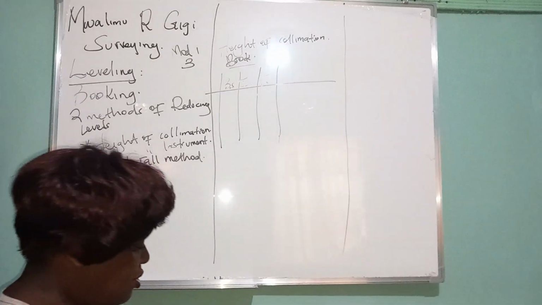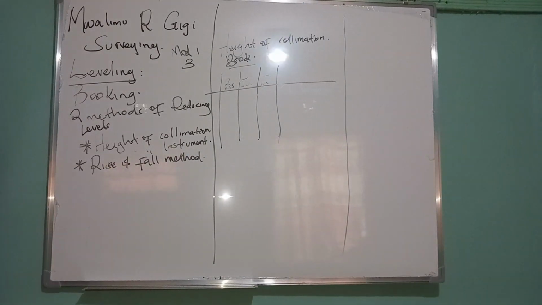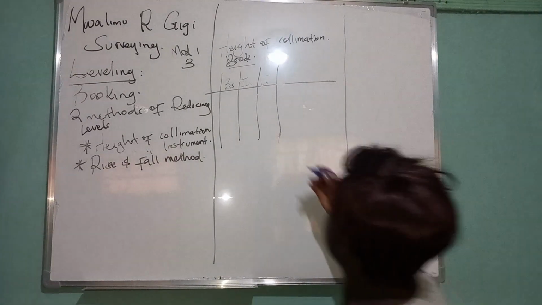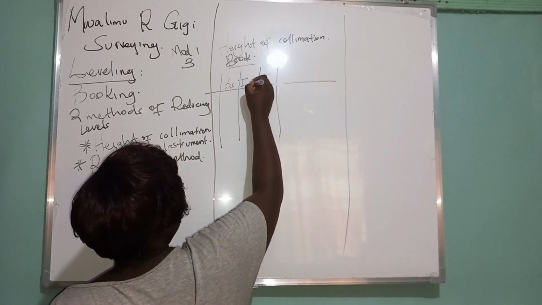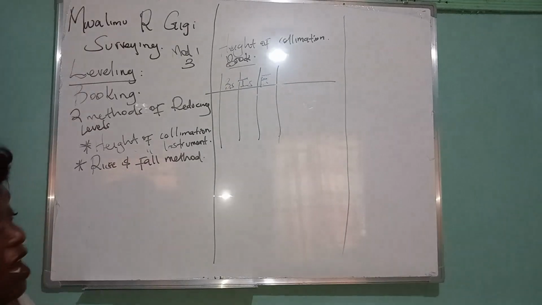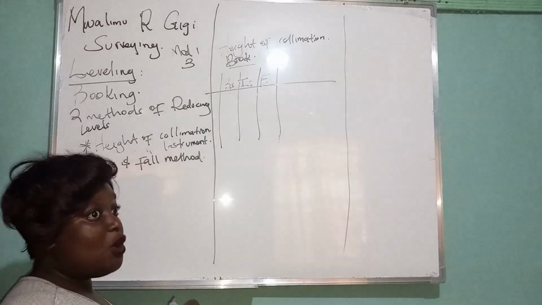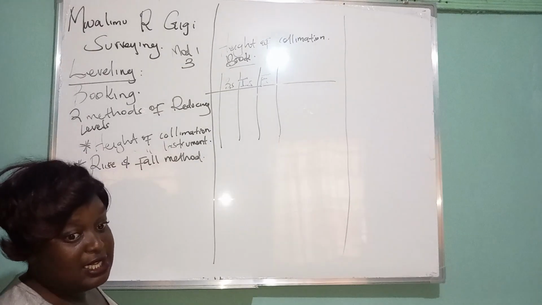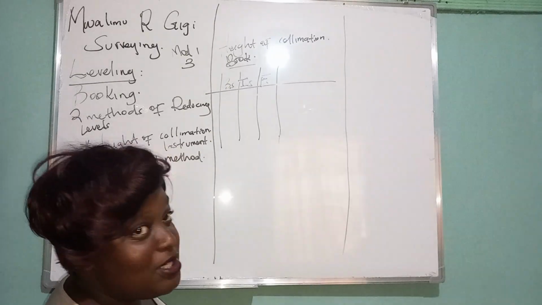My felt pen is not working. So we have the five main columns: the backsight, the intermediate sight, and the foresight.